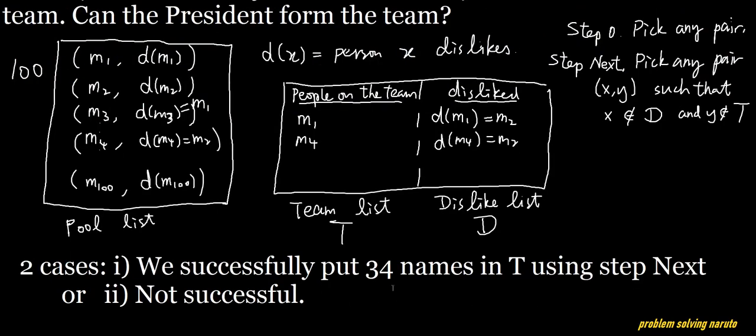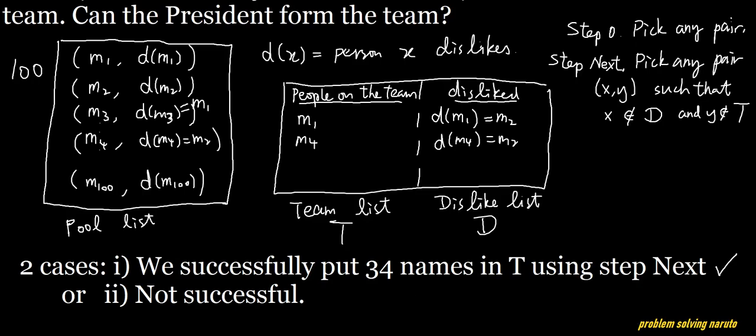If I'm in case 1, I successfully put 34 names in the team list using this step, then I'm done. By construction, the 34 people do not dislike each other, and that is the team the president wants. That is the good case.